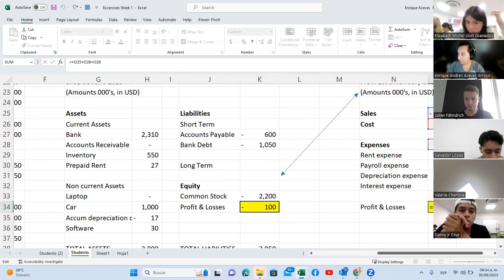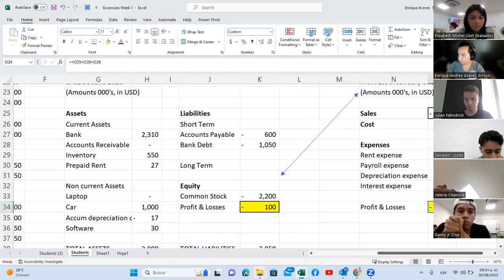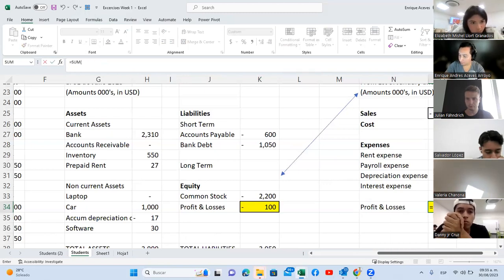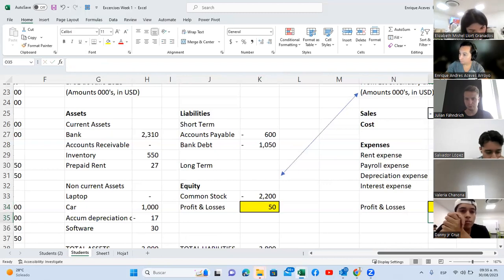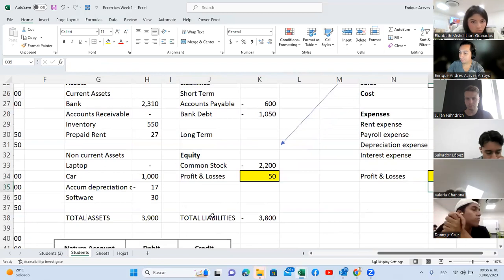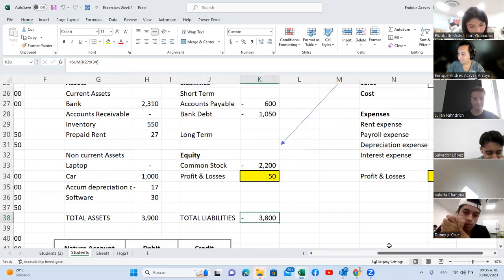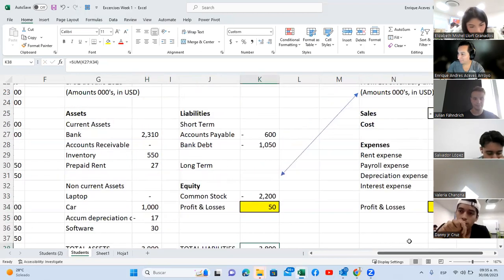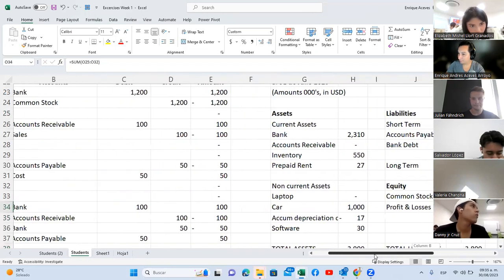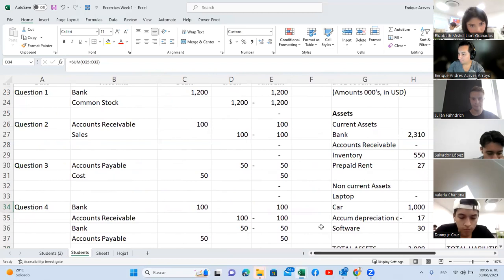Oh, claro que sí. No está sumando nada de esto. Esta sumatoria está mal. That's it. No, we're missing 100. Okay. We're missing 100.